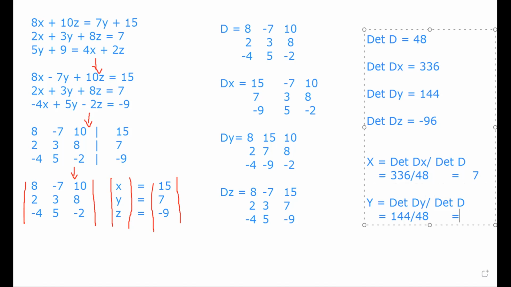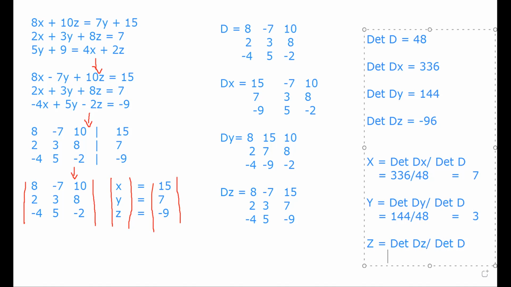The answer for this is 3. And the last one, z is equal to the determinant of dz divided by the determinant of D, so minus 96 divided by 48, which is equal to minus 2. That's all. This is the answer: x equals 7, y equals 3, and z equals minus 2.